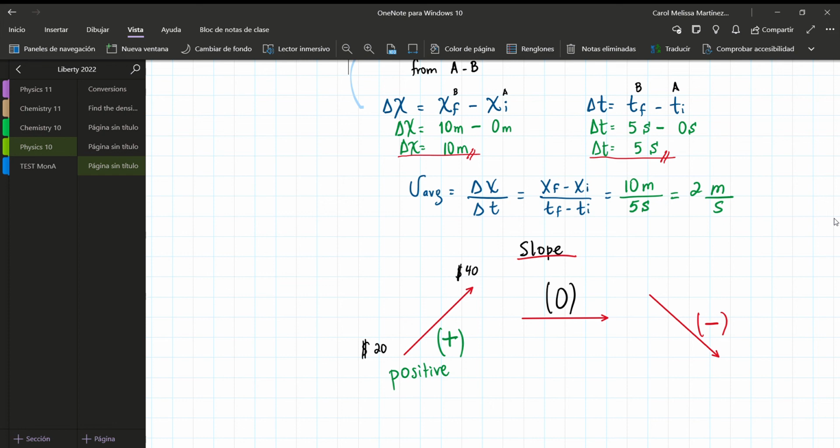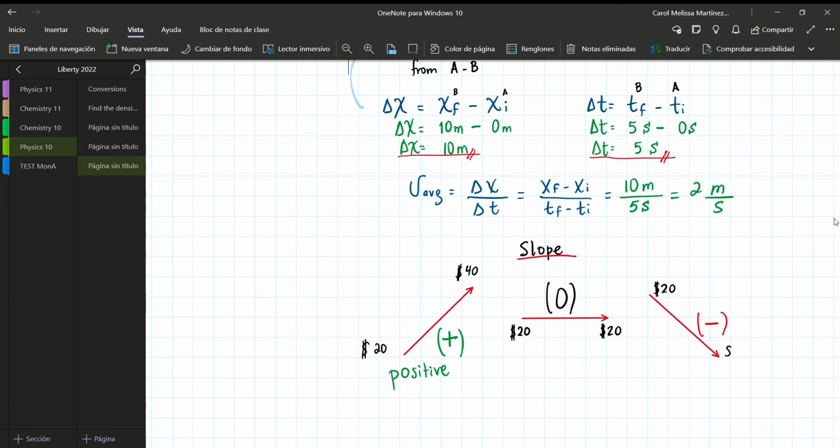It's 0 when, for example, at the beginning of the school year you have $20, and when the school year is over, you still have the same $20. What happened with your money? It remained the same. So the slope for your money in that example is going to be 0. You didn't lose any money, but you didn't gain any money either. And imagine that at the beginning of the school year you had $20.